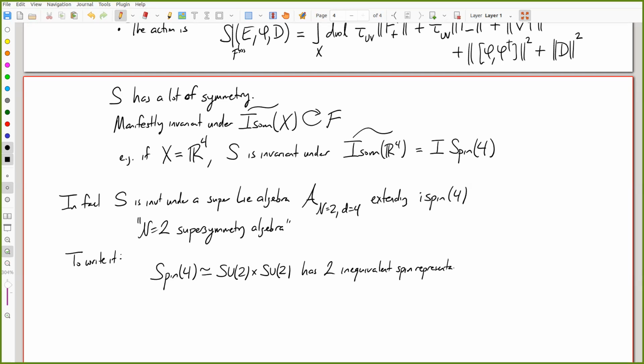For any spin group, you can talk about the spin representations. In this particular case, because the group is just SU2 cross SU2, the spin representations are something very concrete. Namely, it's just the two-dimensional representation of this SU2 or the two-dimensional representation of this SU2. I'll call those representations S plus minus. They're both complex and two-dimensional.